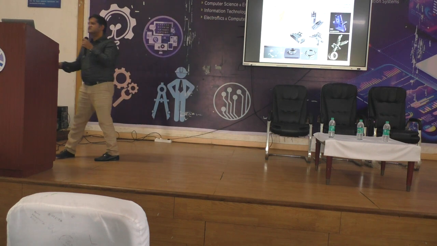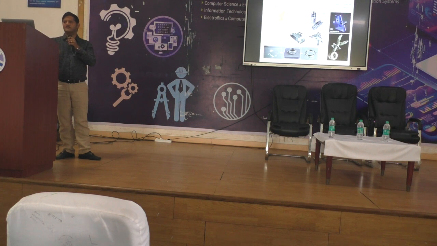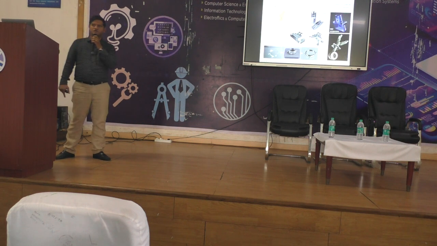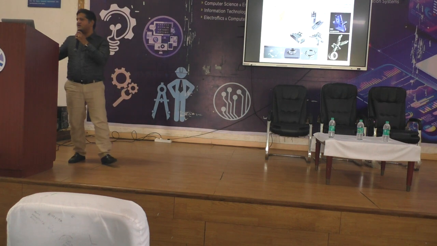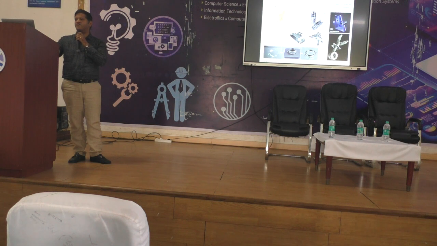And these are a few other products. For example, this is a titanium bracket that we use in the aerospace industry. This is the conventional way of manufacturing, and this is a topology optimized titanium bracket that we use in the aerospace industry.